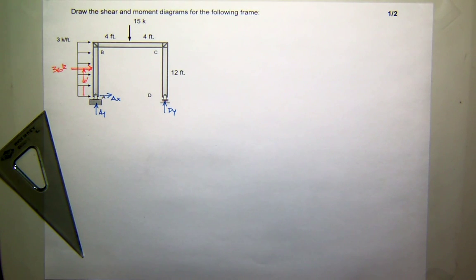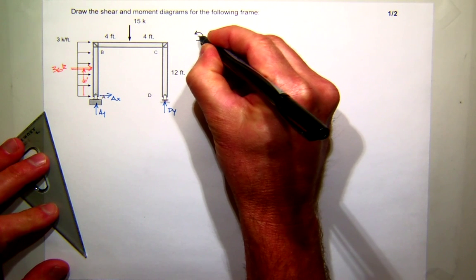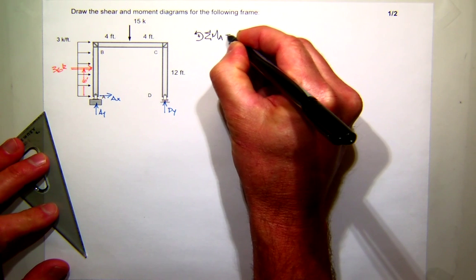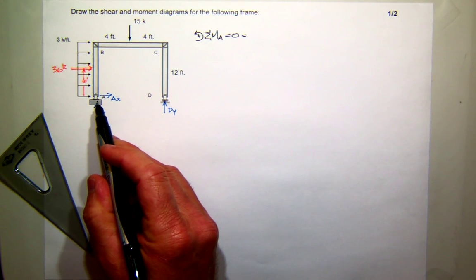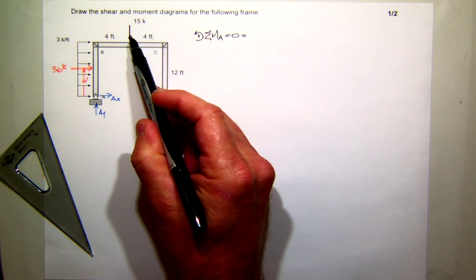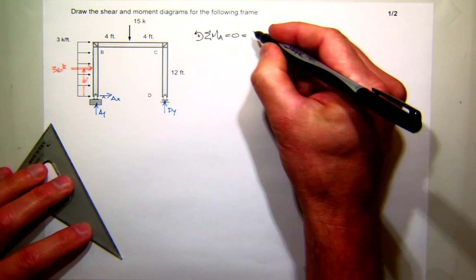So let's go ahead and find the reactions. I'll start by summing moments at A and assuming right-hand rule for my sign convention. Looking at all the forces about A, the concentrated equivalent and this applied force are both creating what? Positive or negative moment? Negative.